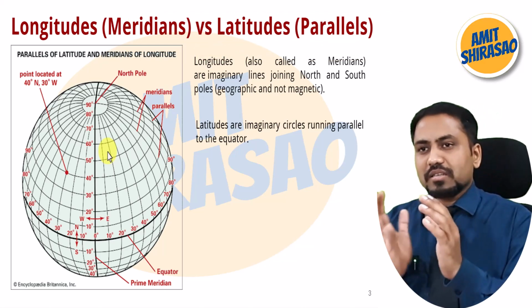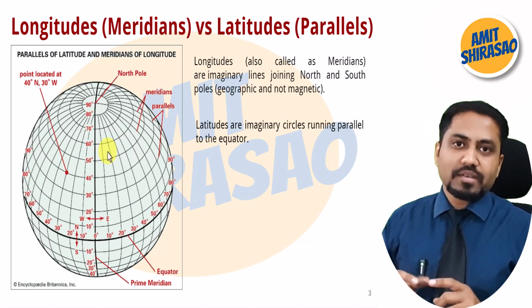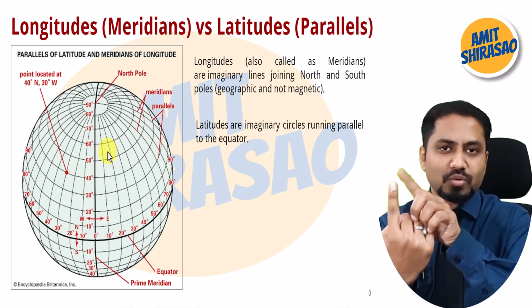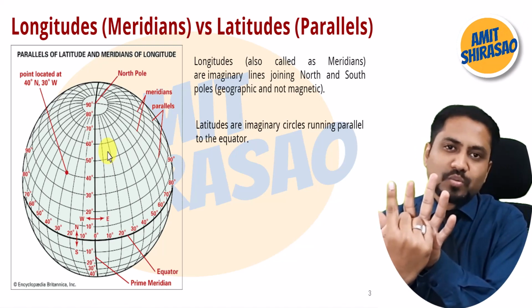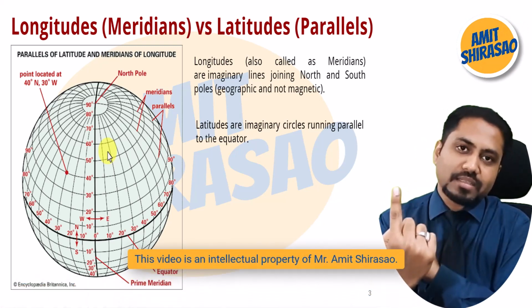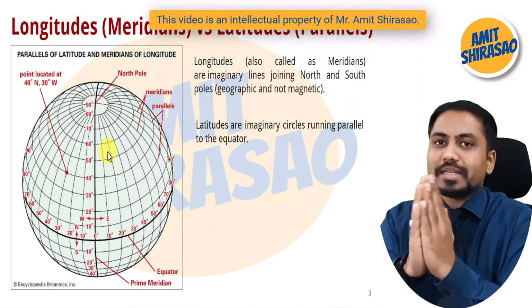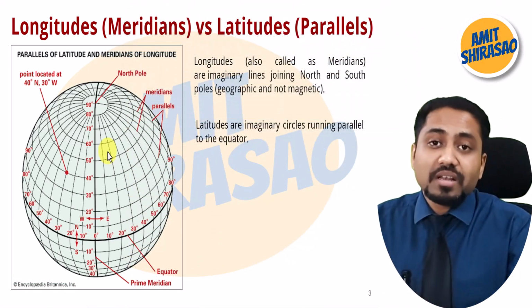Okay, so due to this, whatever magnetic field is created, that magnetic field has a different axis. It also has north towards the north pole only, but that north pole is a little tilted like this. Okay, so magnetic north pole and magnetic south pole are a little tilted as compared to the geographical north and south pole.